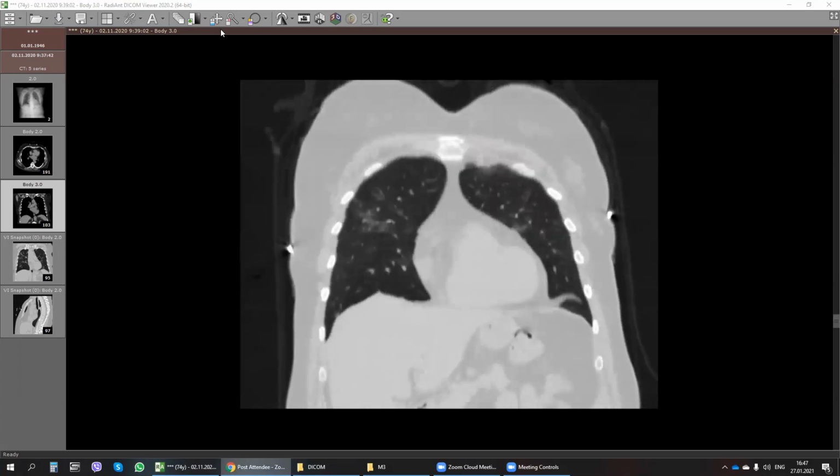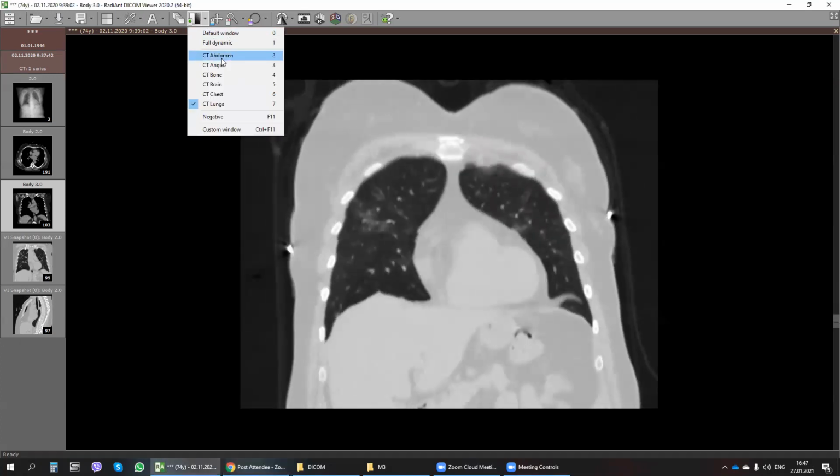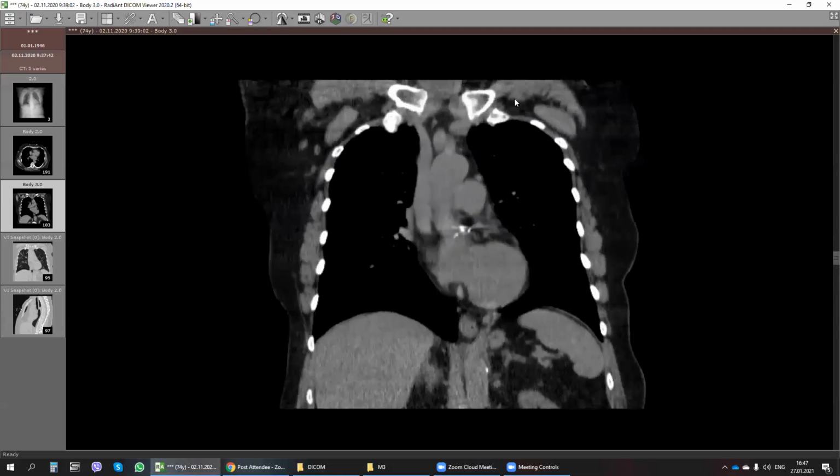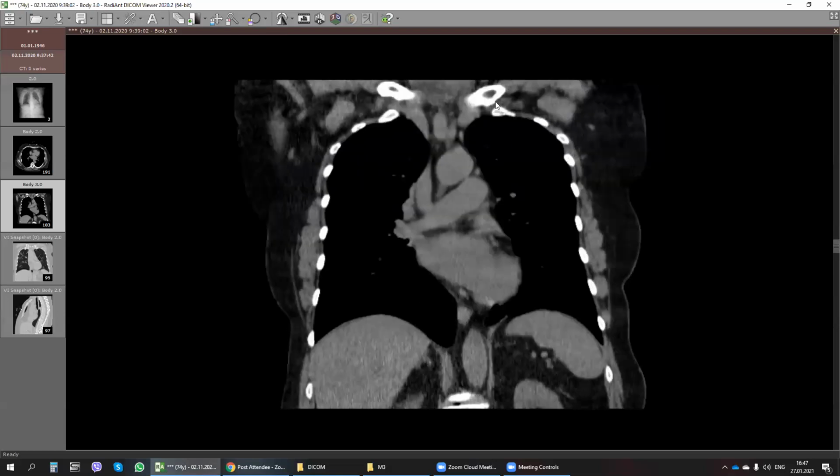Now I just want to say a few words about the other organs from the anatomical point of view. These are the clavicles.